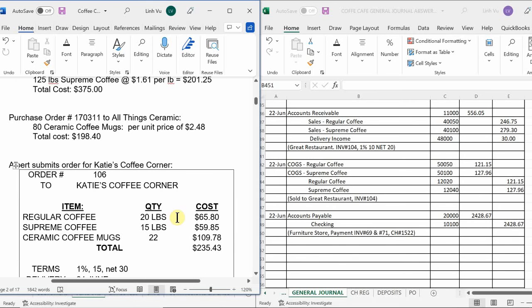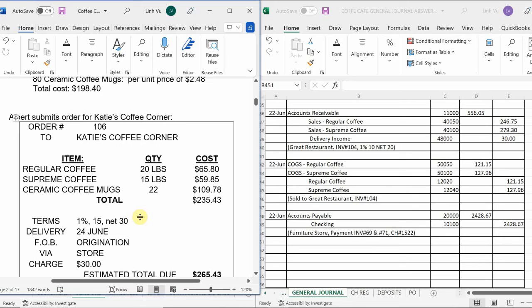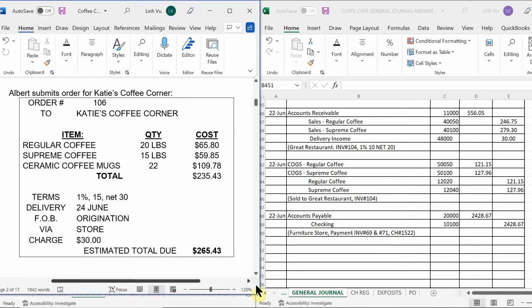Albert also submits another order for Katie's Coffee Corner. We go to his commissions.